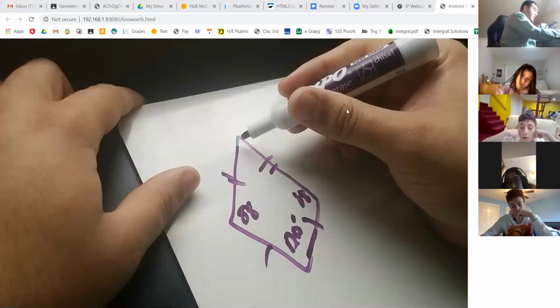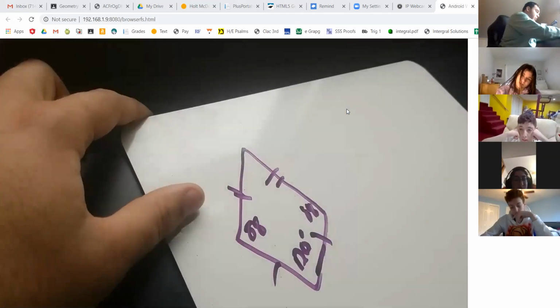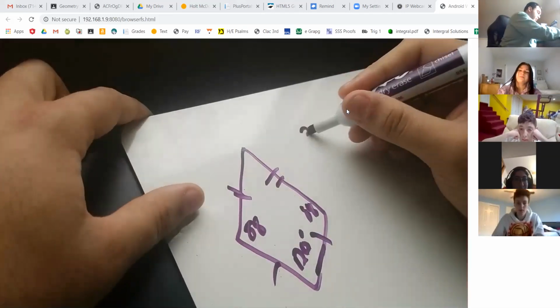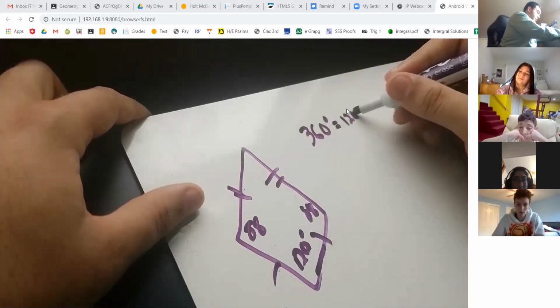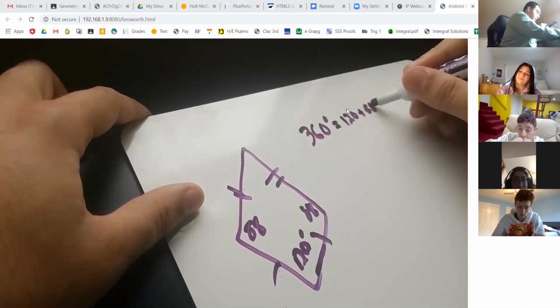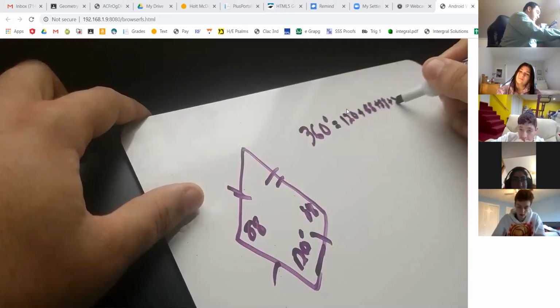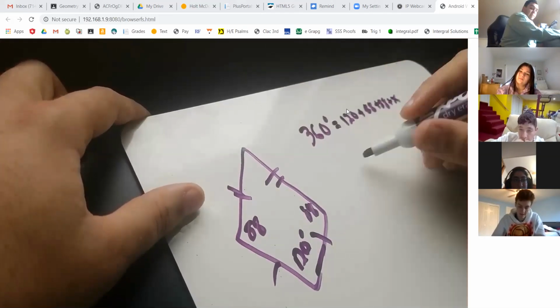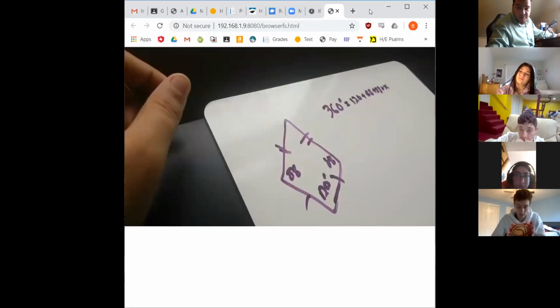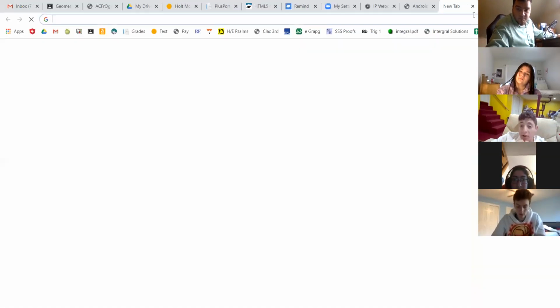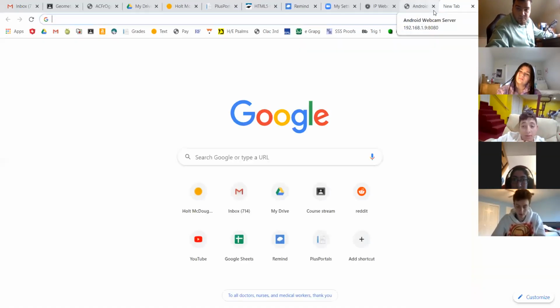Now for this one, every 4-sided shape always adds up to 360 degrees. So you have 360 degrees equals 120 plus 88 plus 88 plus x. Then we could do the math. I'm going to just use a calculator. X is 40 something, or like 30 something.